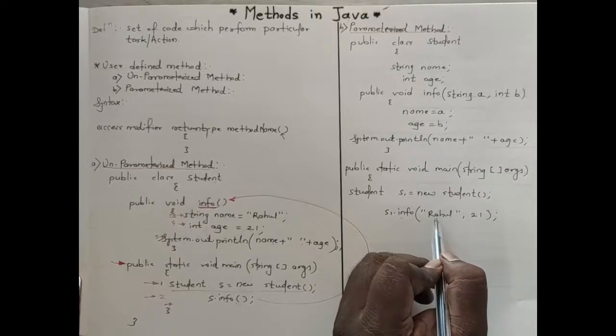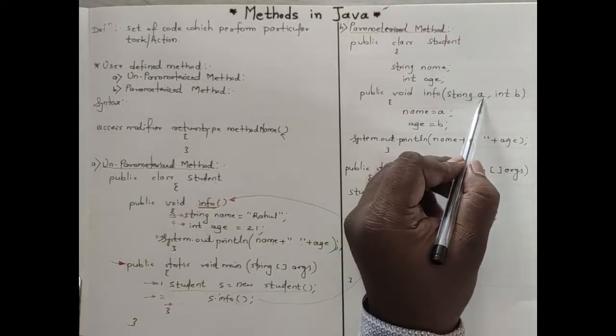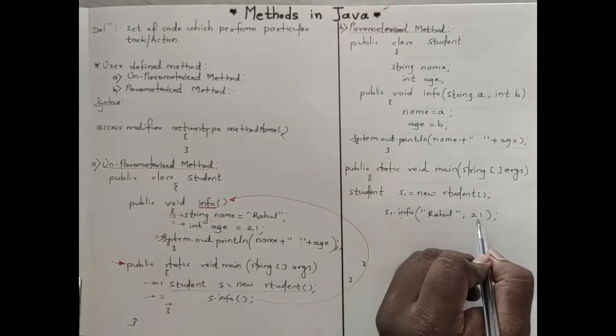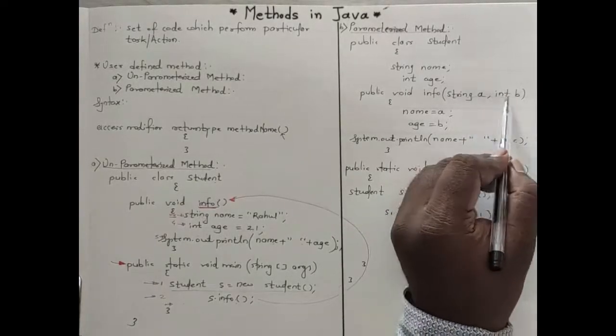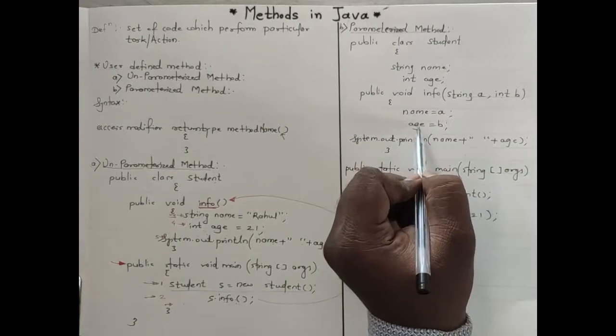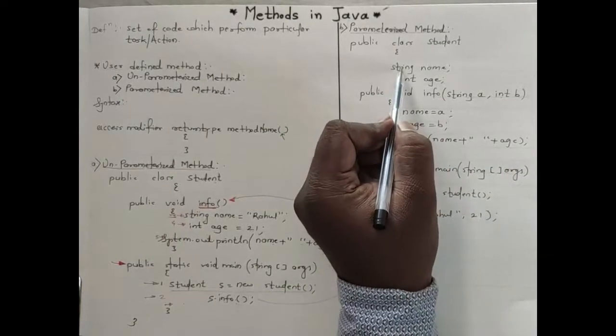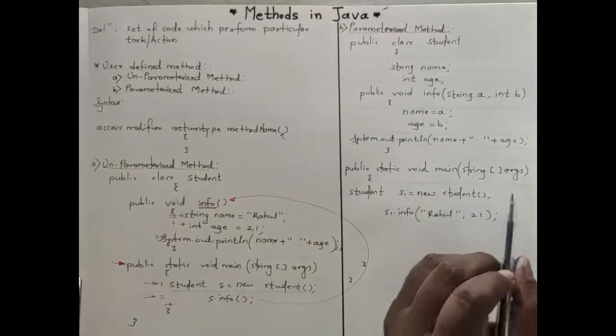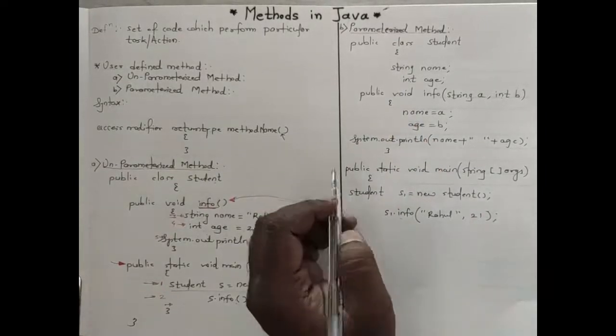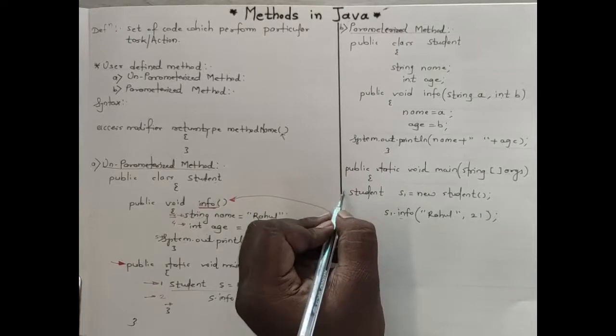First we pass a string, that comes inside a, and then we pass 21, that comes inside b. That value is initialized with name and age. Name is a string and age is an int. Okay, so what is the execution priority? Java focus comes inside the main method, that is the first line.